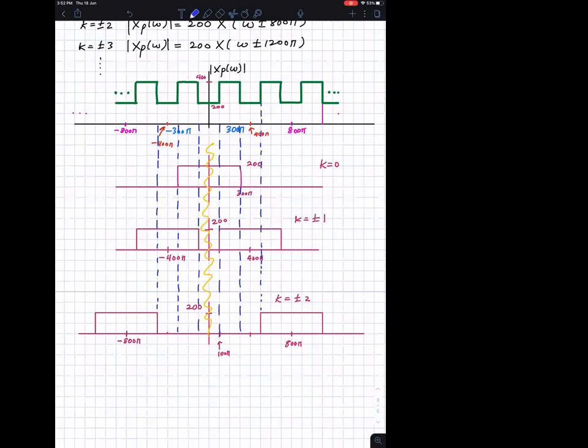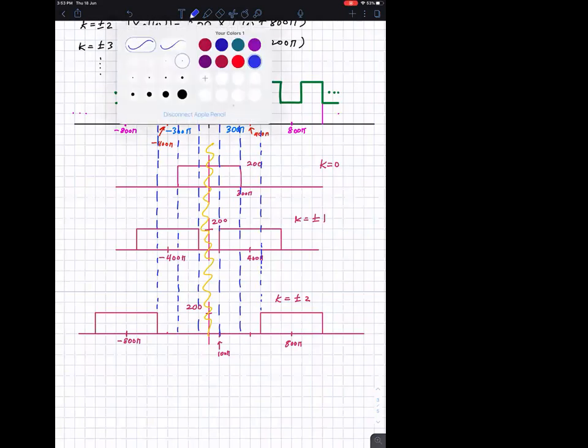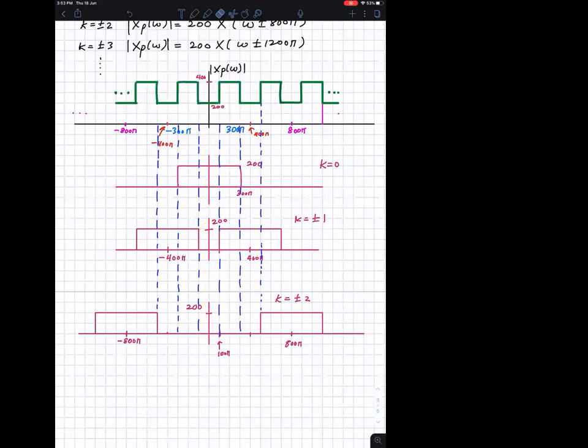Start from the center where I drew. If you look inside this area, the amplitude of the signal when k is plus minus 2 is 0, right? The amplitude of the signal at plus minus 1 is also 0. The amplitude of the signal when k is equal to 0 is 200. So that's how we get 200.